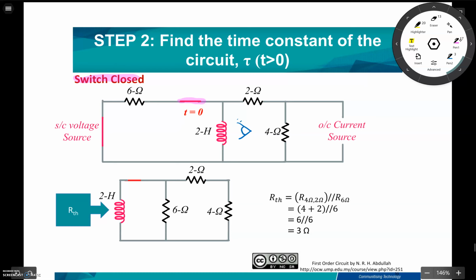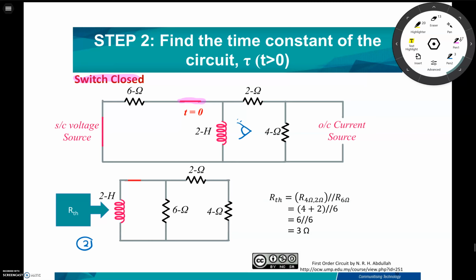You have to redraw the circuit in order to identify the relationship between the resistors. For the second figure, I have already redrawn the original circuit and simplified it so that it's easy to calculate and easy to understand.